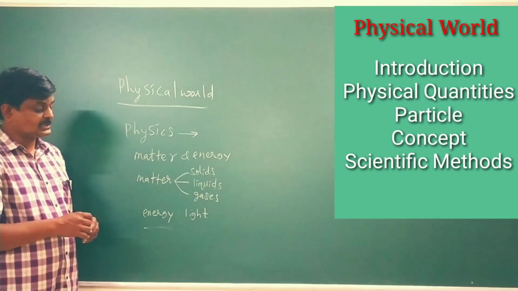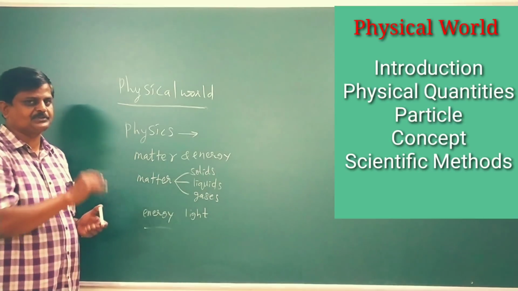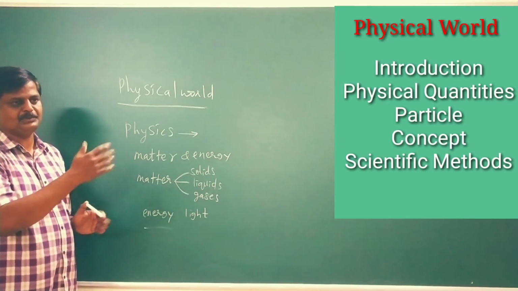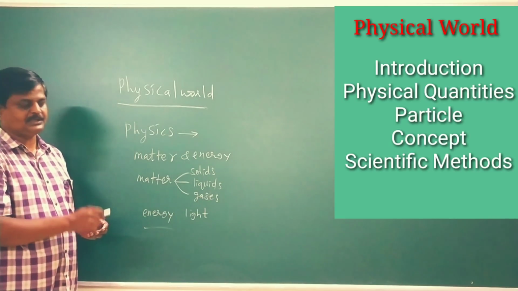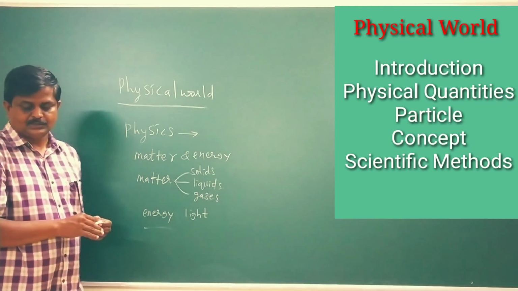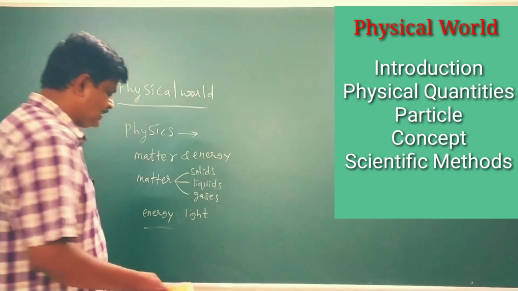How come electricity is a form of energy? Because you can transform electricity into other forms. So whenever one form of energy is transferable to any other, then we say that in nature energy is conserved.